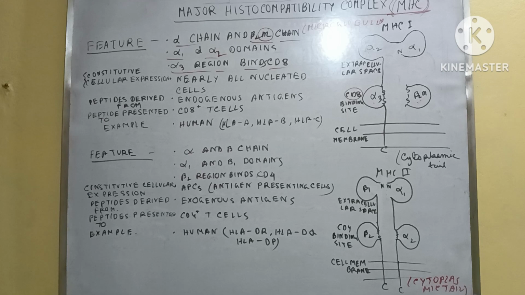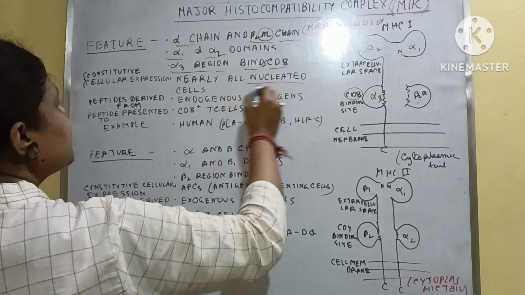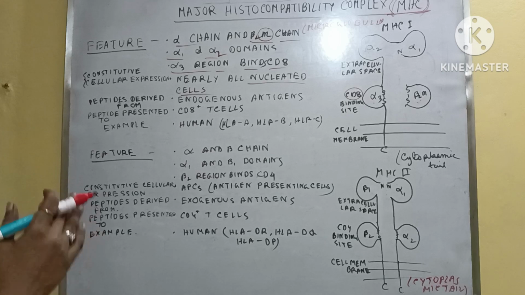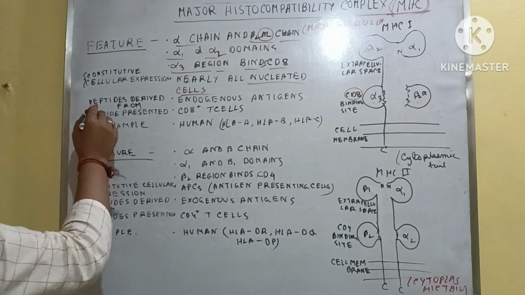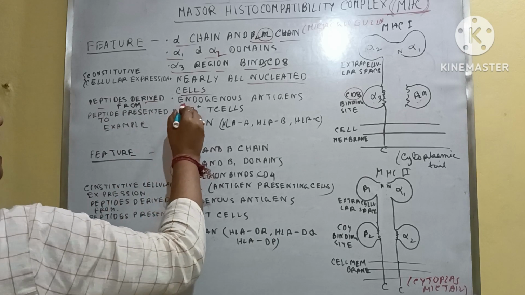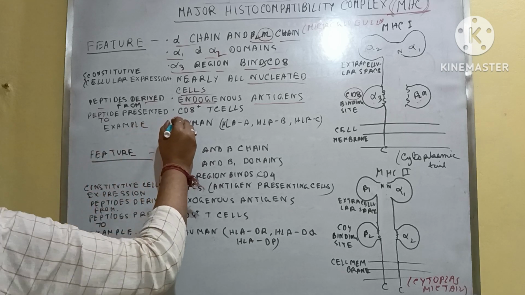Clear? And the cellular expression: what type of cell do you see here? Generally nucleated cells. Next, where are the peptides derived from? Peptides are derived from endogenous antigens, and the peptides are presented to CD8 plus T cells.